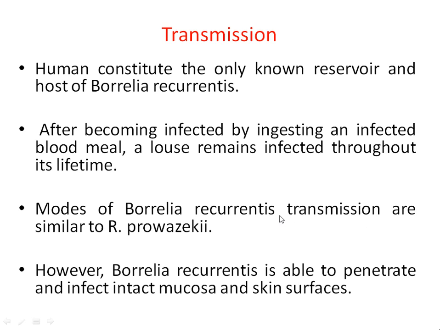As far as transmission is concerned, humans constitute the only known reservoir and host of Borrelia recurrentis. The only host for the human body louse is human beings, so humans are considered reservoirs.